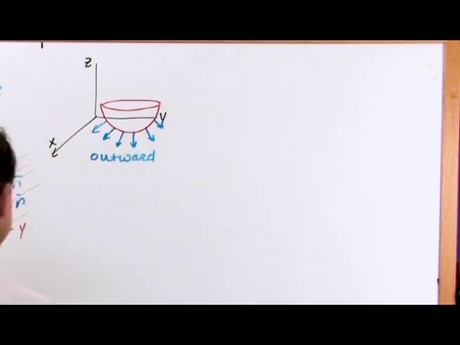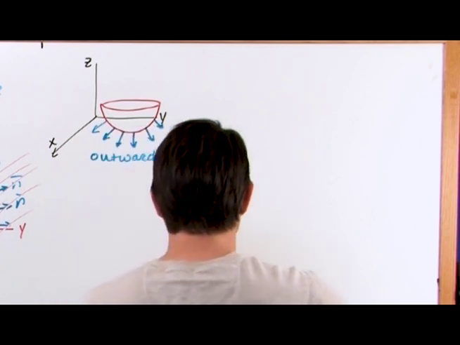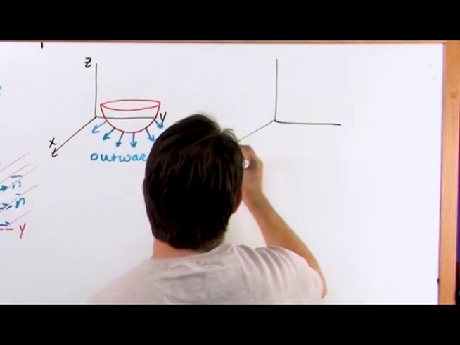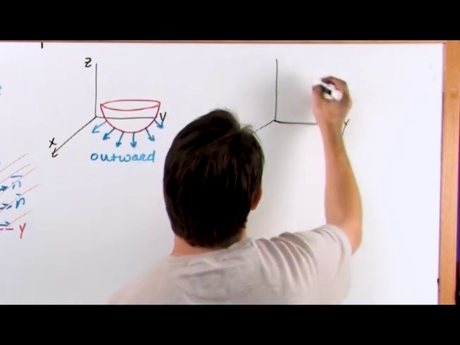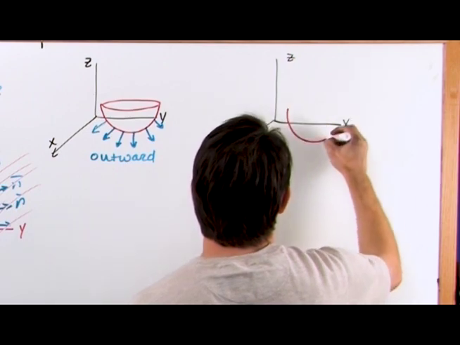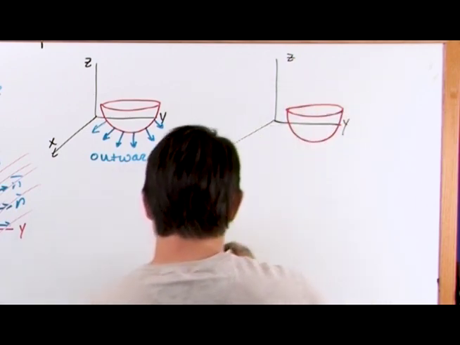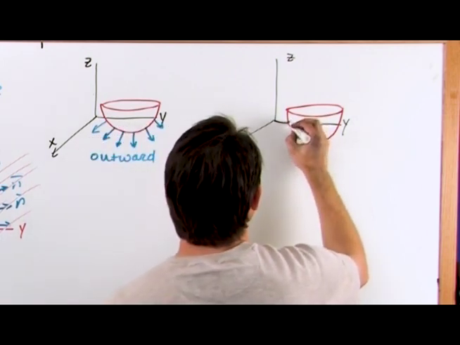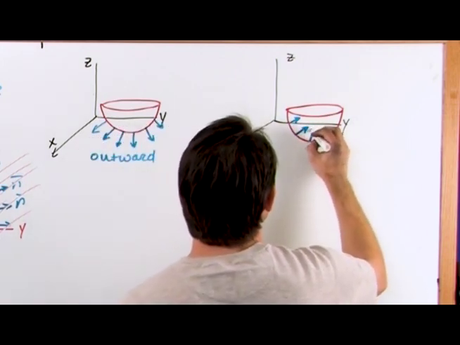Okay, that points outward. And then let me show you what the alternative would be. You can also draw the exact same picture, x, y, and z, and you can also draw the exact same surface, except this time the normal vectors, you could have them oriented coming inside the surface.